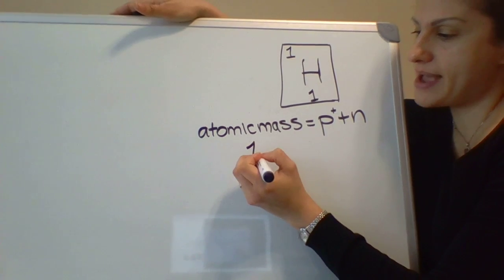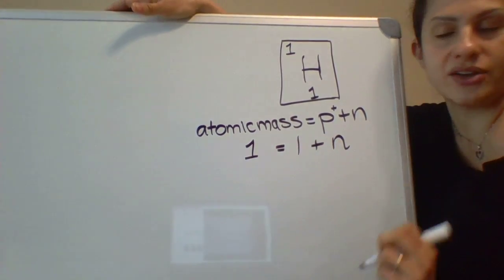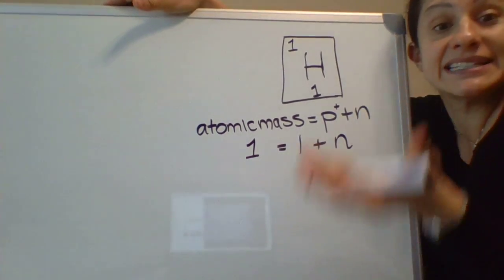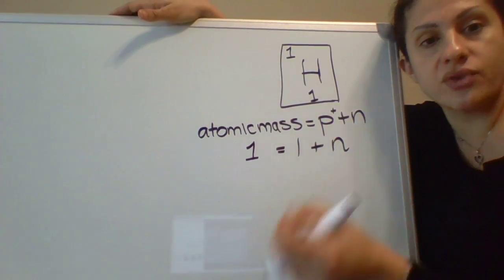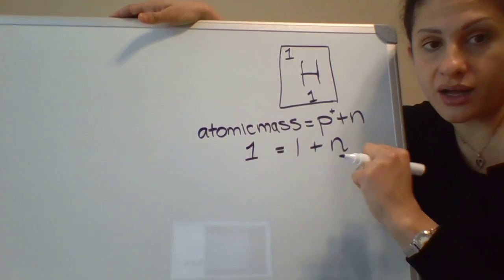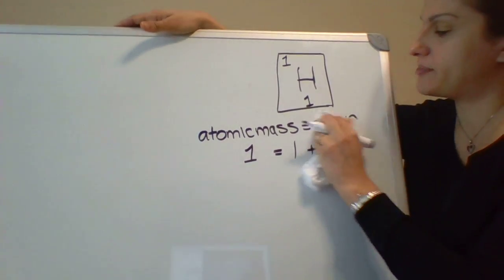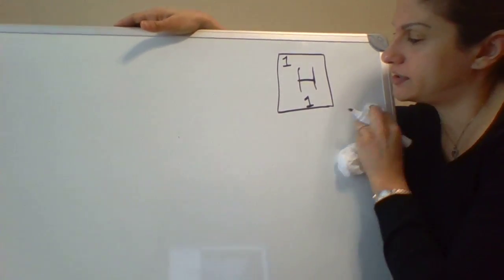If the atomic mass is 1, and we have 1 proton, what does that tell you about how many neutrons we have? 0. So when we're drawing the nucleus of the hydrogen atom, there's only 1 proton in that diagram. Okay? I just wanted to make sure that that was clear.